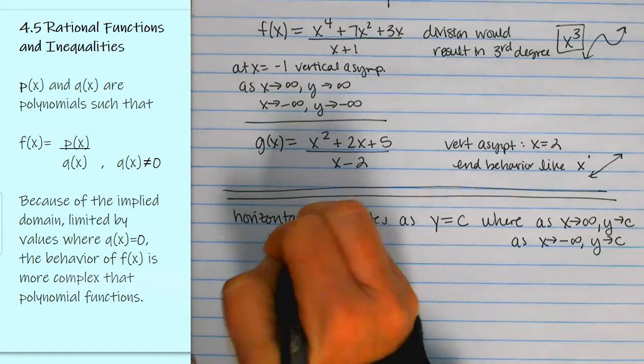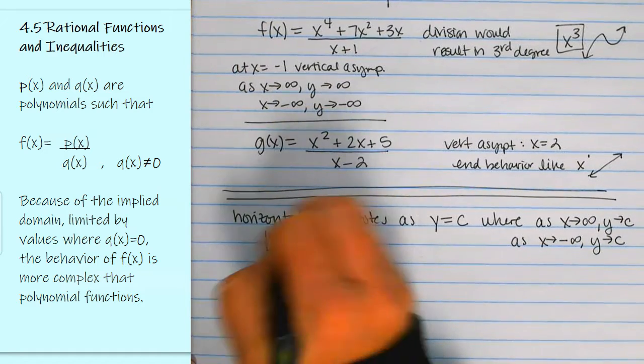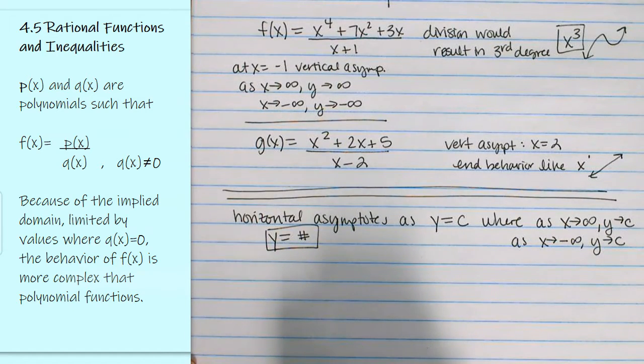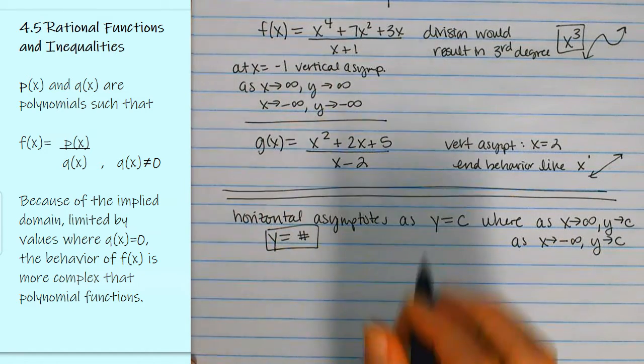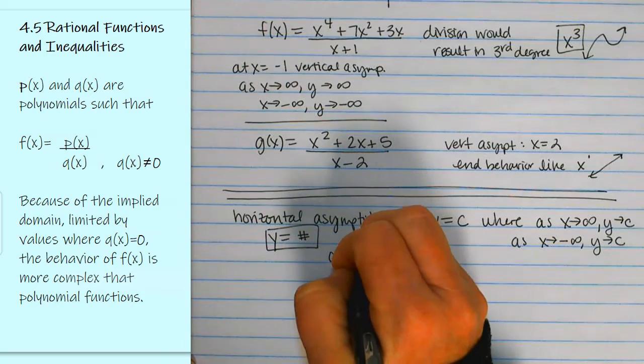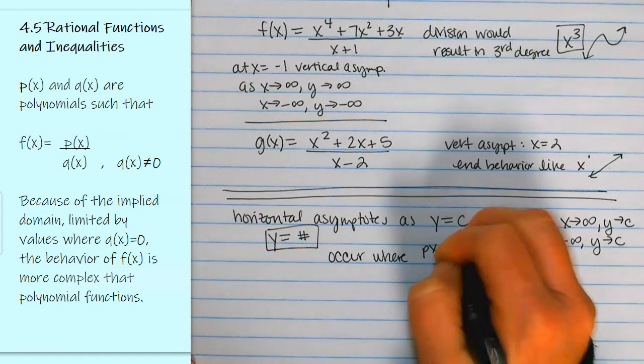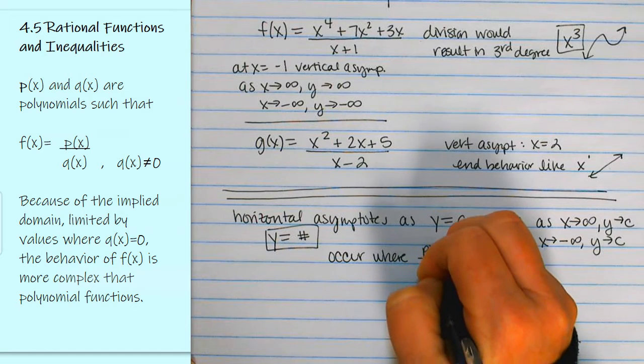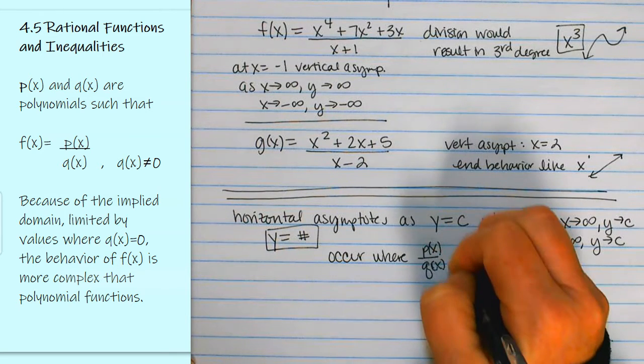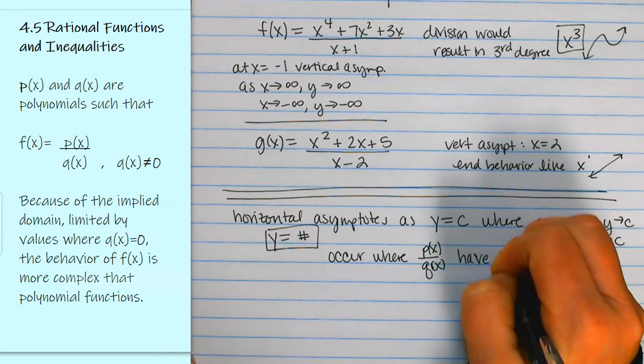That means their y equals a number. It has to be a line. It has to be y equals to be horizontal. And these occur where p of x over q of x have the same degree.